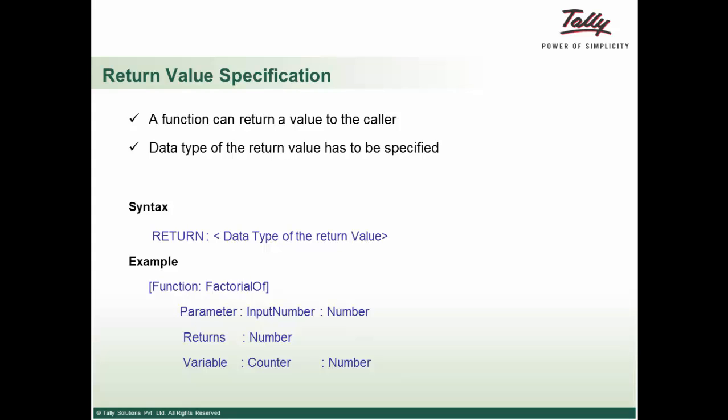It is not necessary that all of them have to be of type number. Depending upon the requirement of your work, the input data types, the output data type, and the intermediate data types of the variables can be different.